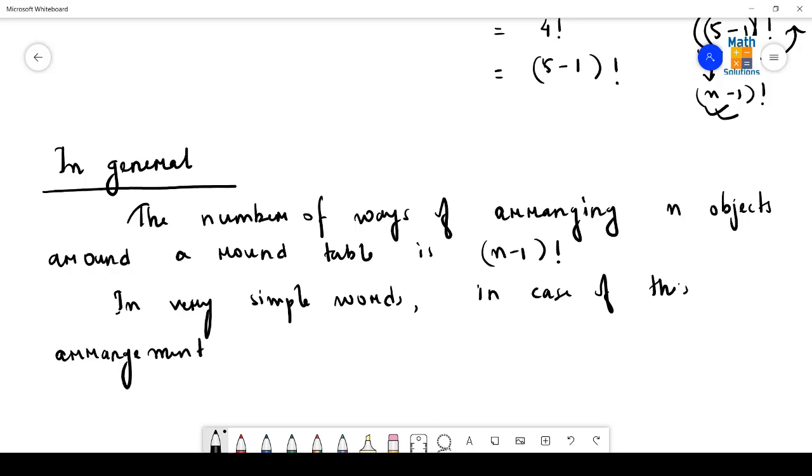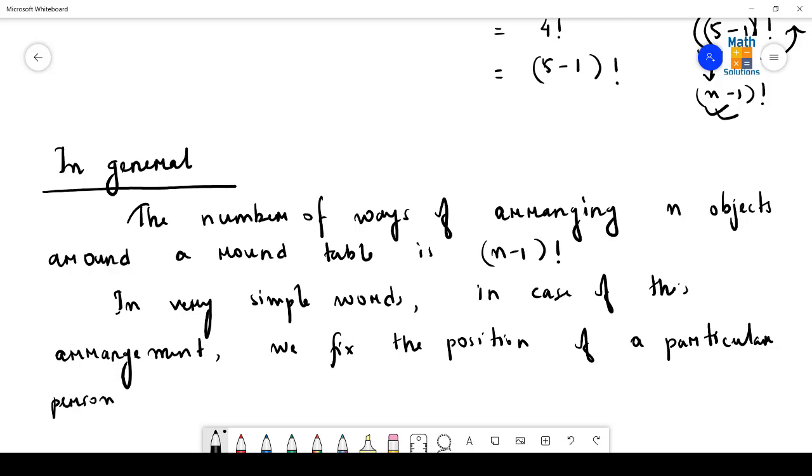what do we get? We fix the position of a particular person at the table. Actually I should write here at the table, because he sits by the side of the table.